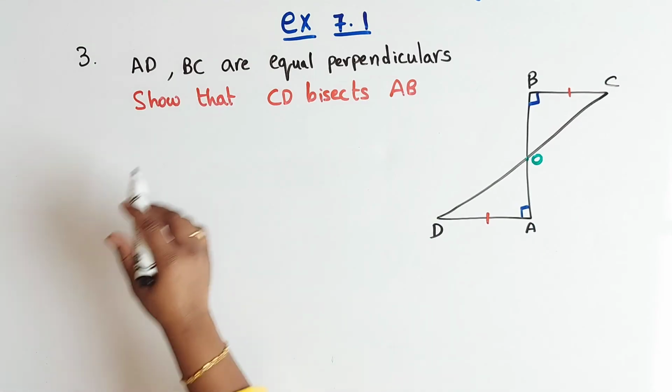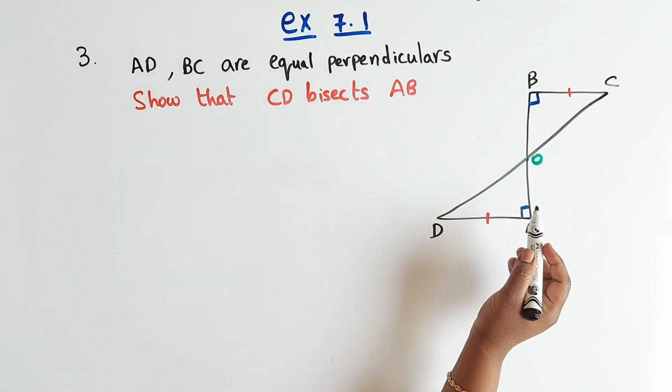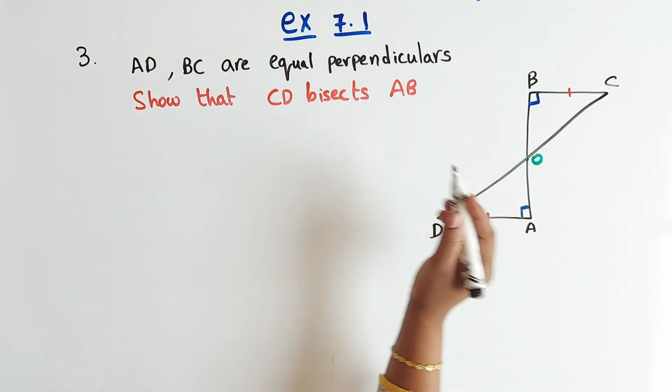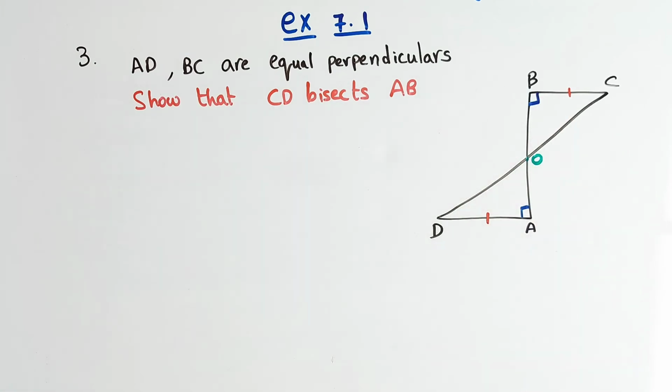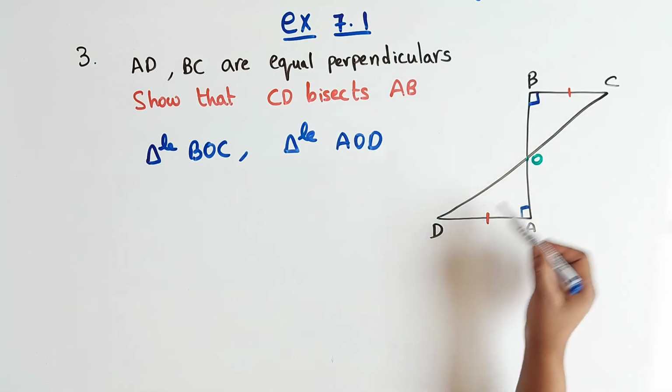Now see third question, children. AD, BC are equal perpendiculars to a line segment AB. Show that CD bisects AB. Now compare triangle BOC and triangle AOD, children.